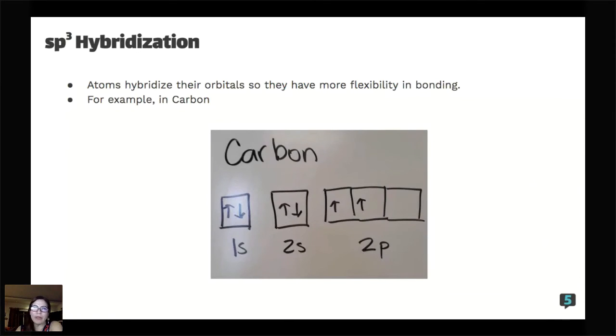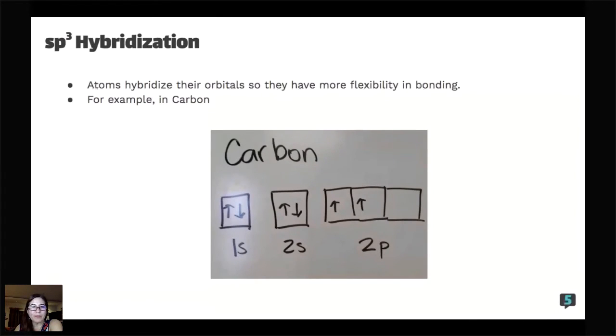For example, if we do the regular electron configuration for carbon, that's what we will have. If carbon is able only to bond in this way, then it will be able to bond only with 2 atoms. And we know that that's not the case with carbon. Regularly, carbon, how many atoms does it bond with?